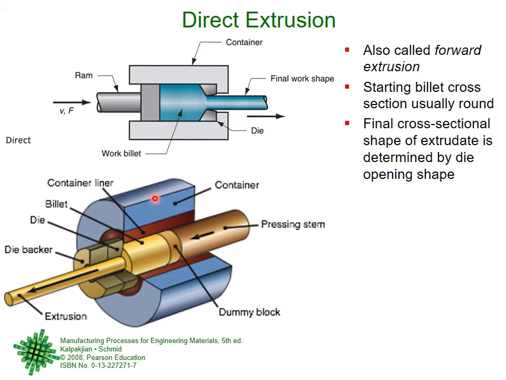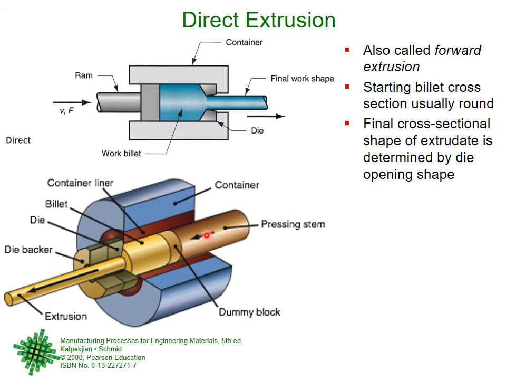And in the 3D, you can see this type of a thing: this is the container, the outermost circle, right? And the billet material is there. The container has a lining, container liner. And it is from that side that this is the press, right?